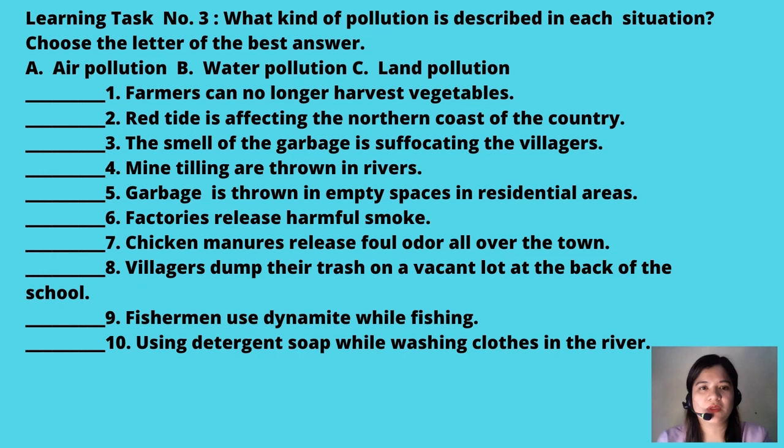Number 9, fishermen use dynamite while fishing. And for number 10, using detergent soap while washing clothes in the river. You may send your answer in our group chat, FB page, or FB group, and in our Google Classroom.